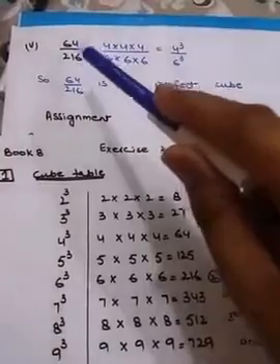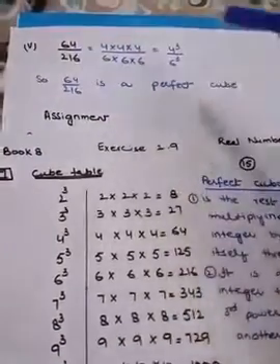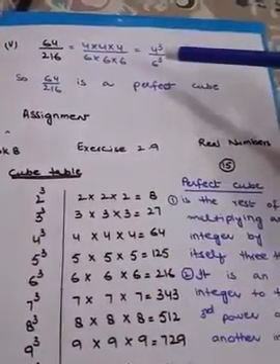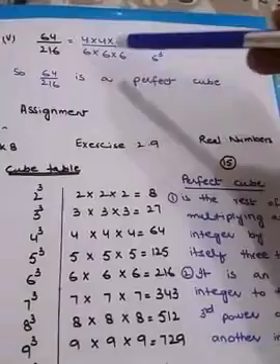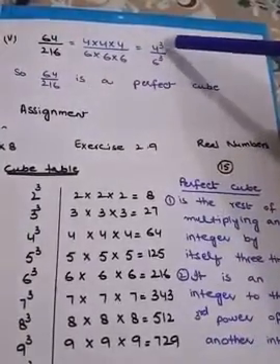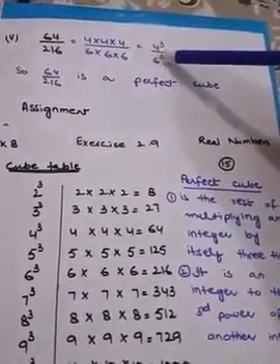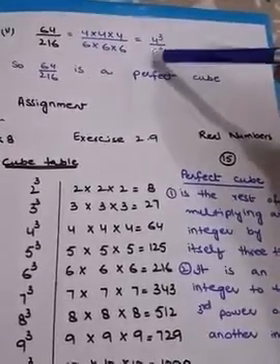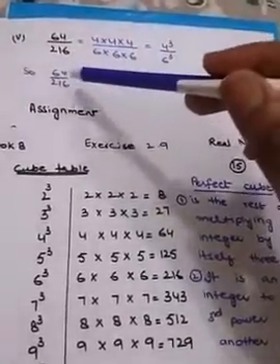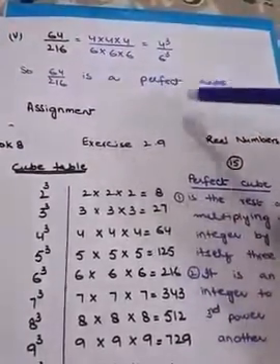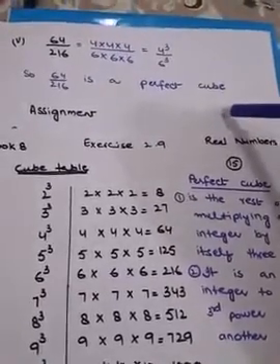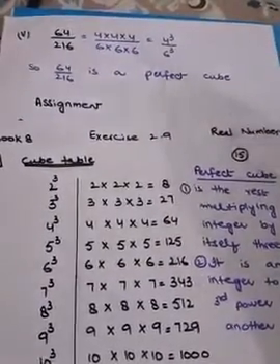So 64 over 216 is the result of multiplying an integer 3 times, or it is an integer to the third power of another integer. So we can say that 64 over 216 is a perfect cube. I hope you are clear with this.